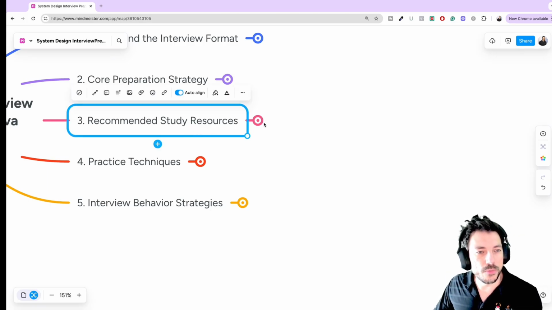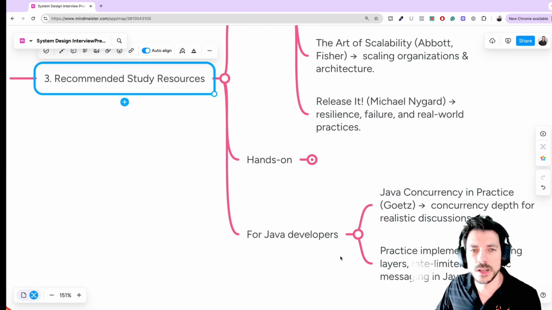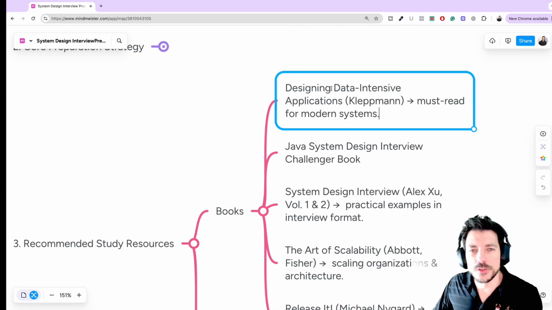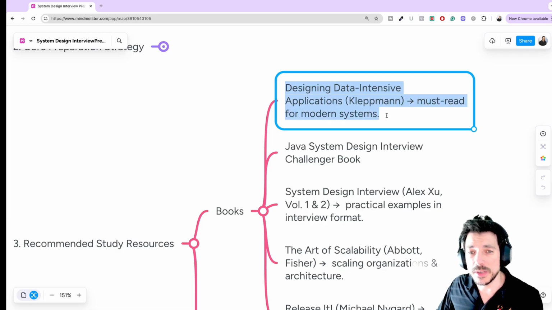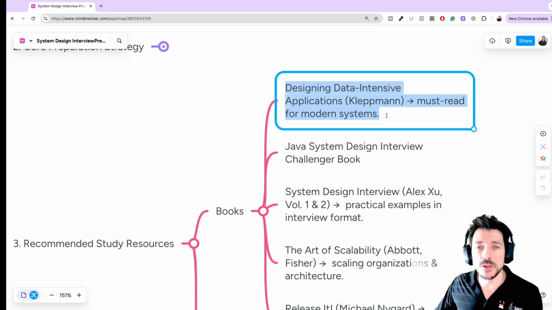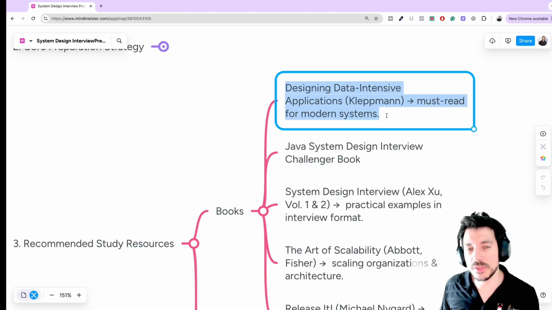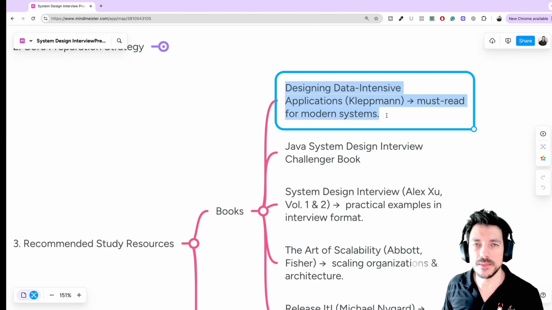So number 3, recommended study resources. You probably know most of the resources here. This book is a must read for system design interviews, which is the Designing Data-Intensive Applications book. It's a must read for modern systems. Basically you're going to understand how to scale cloud systems, how to design systems that are data intensive, right?